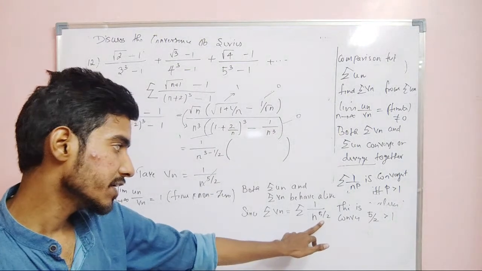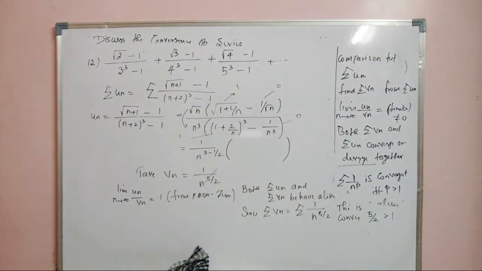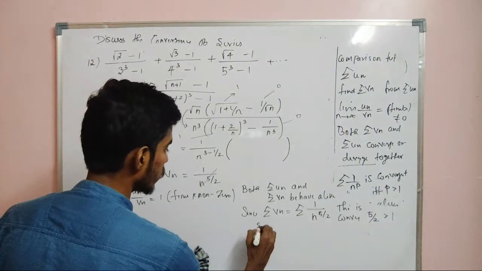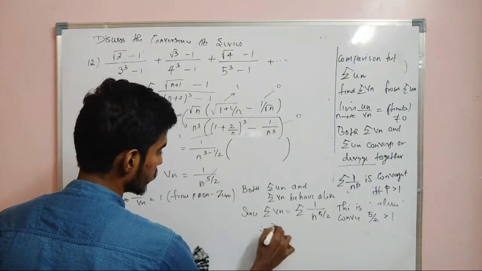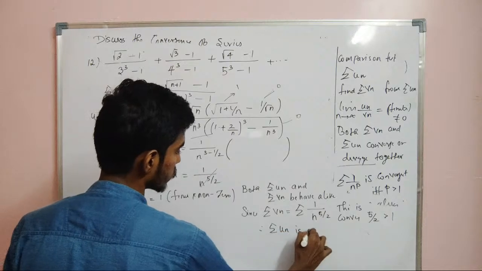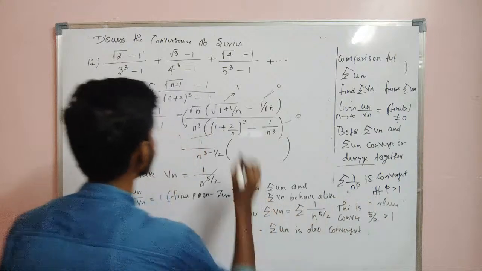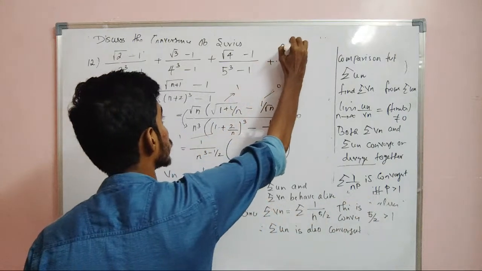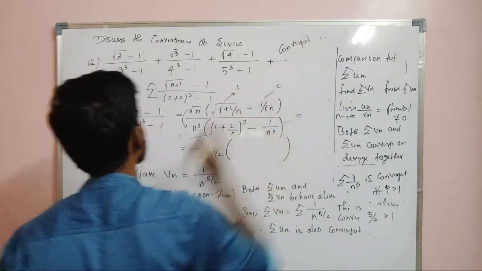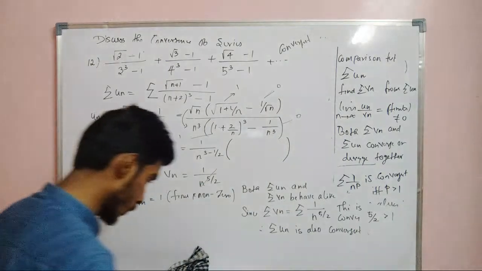Here we have 5 by 2, which is strictly greater than 1. So therefore, since summation vn is convergent, summation un is also convergent. So the series is convergent.